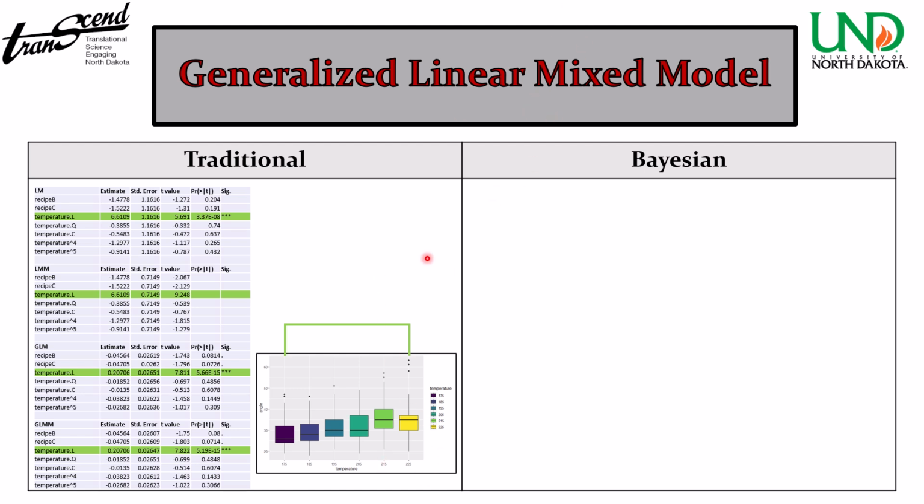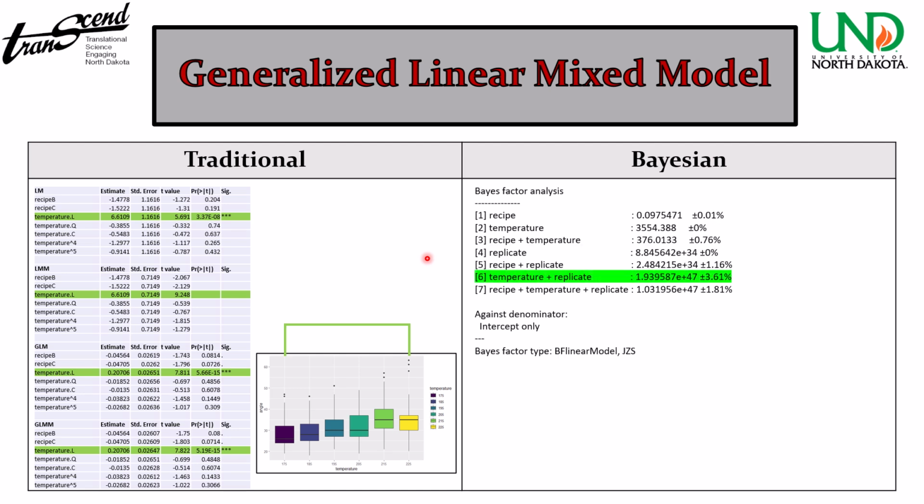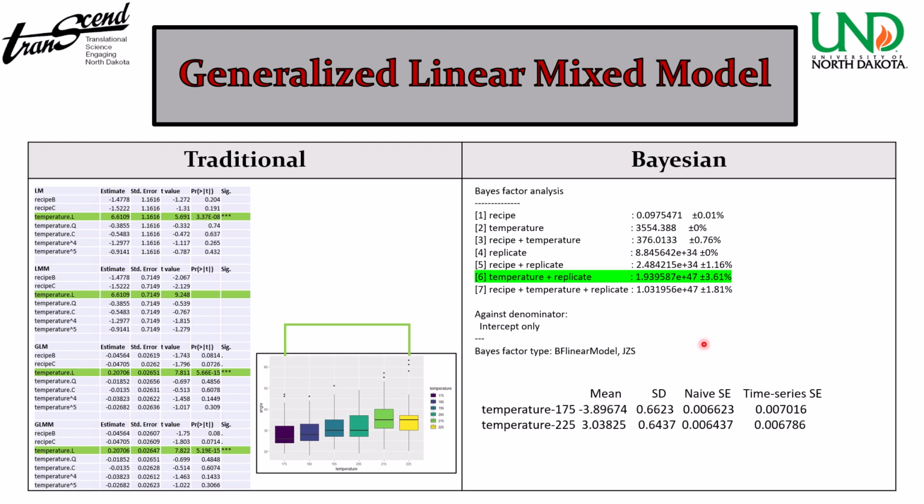Well, let's turn to Bayesian. I think this will shed some light, hopefully. If we look at the factor analysis and the models, it looks like the best model is temperature and replicate, and there's extreme evidence for that alternative hypothesis. What I'm trying to show here with the mean output is that temperature 175 is here, and temperature 225 is here.